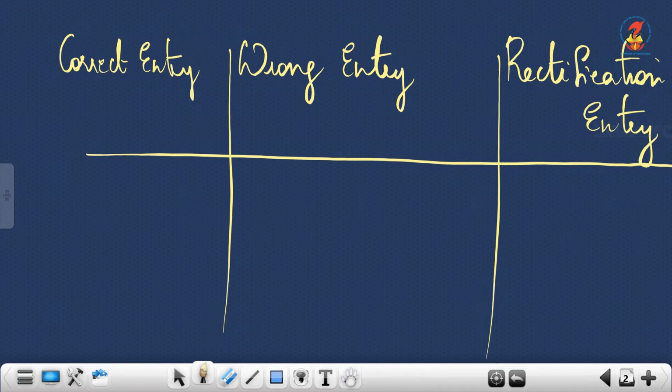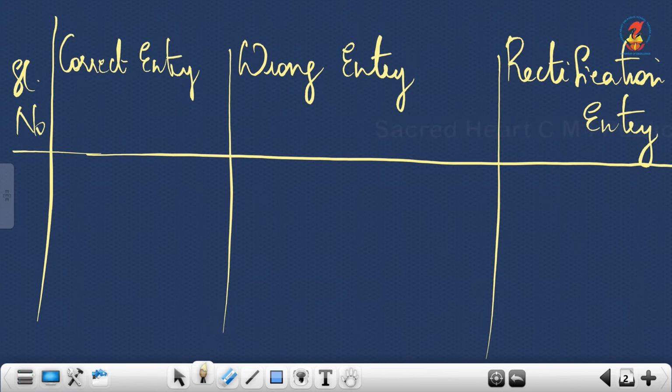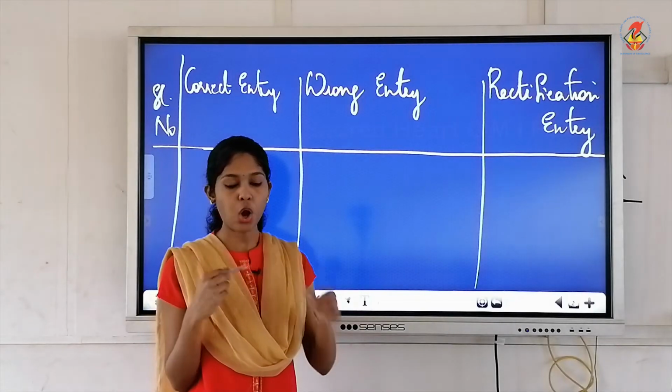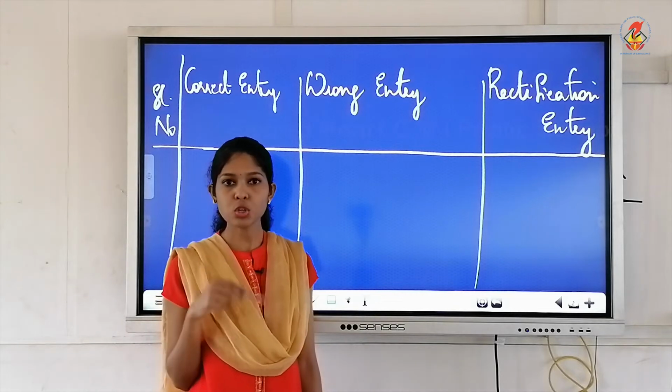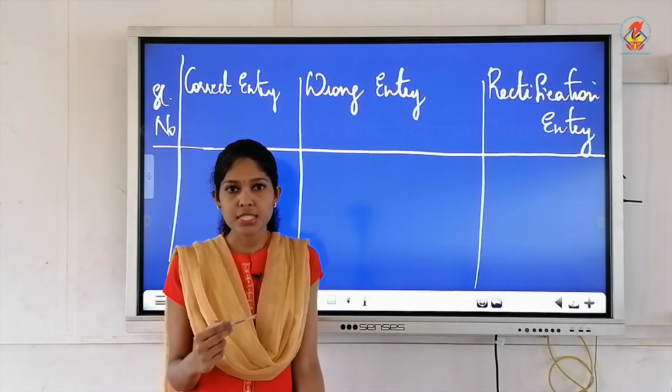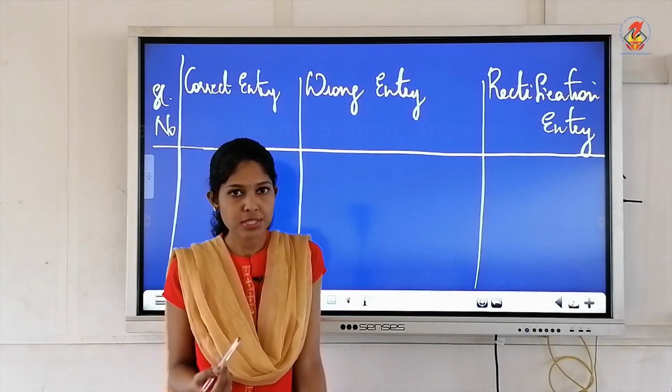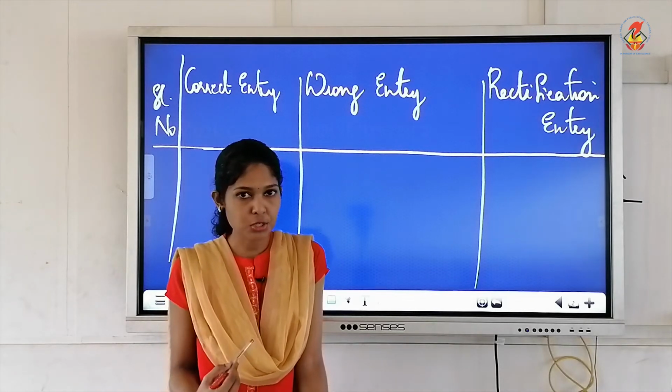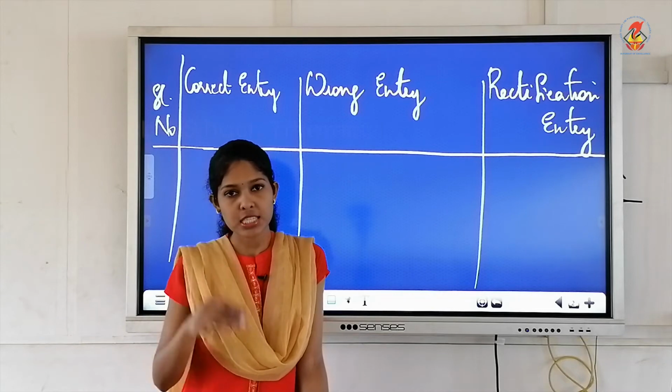We will draw one serial number column also. Wages paid for construction of office debited to wages account. We know that it is a type of capital expenditure. So, capital expenditure must be debited to that fixed assets account.